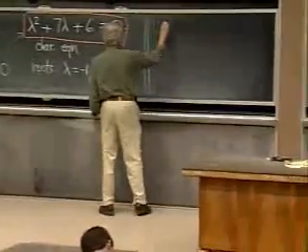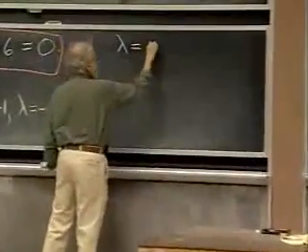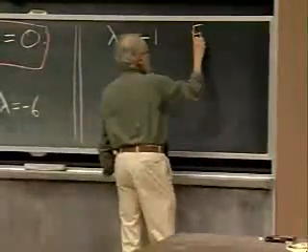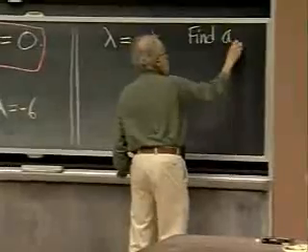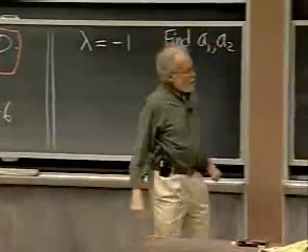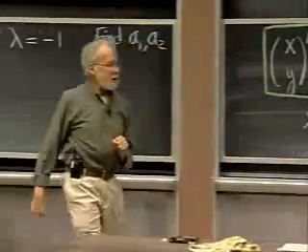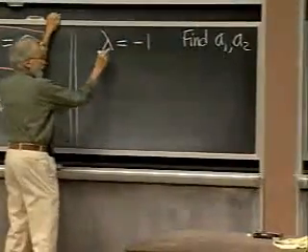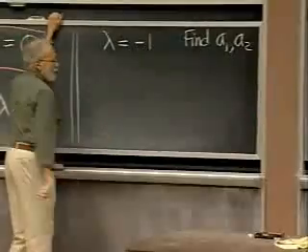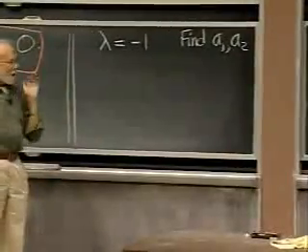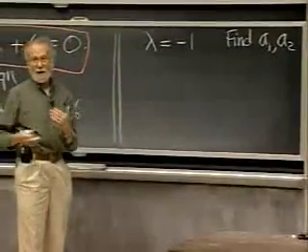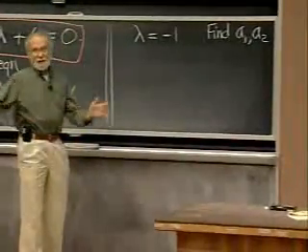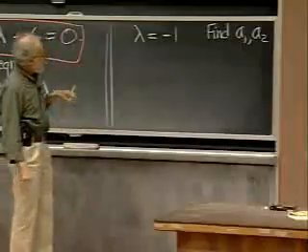So let's take first lambda equals -1. My problem is now to find A1 and A2. Where am I going to find them from? Well, from that system of equations over there. I'll recopy it over here. What is the system? Okay, if lambda is -1, -2, the hardest part of this is dealing with the multiple minus signs, but you've had experience with that at determinants, so you know all about that.